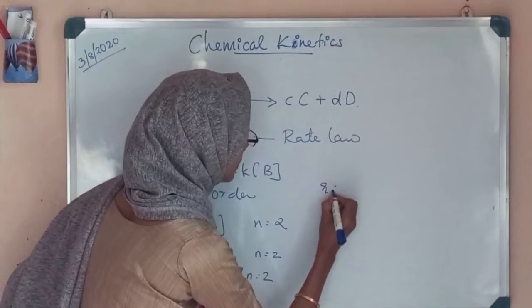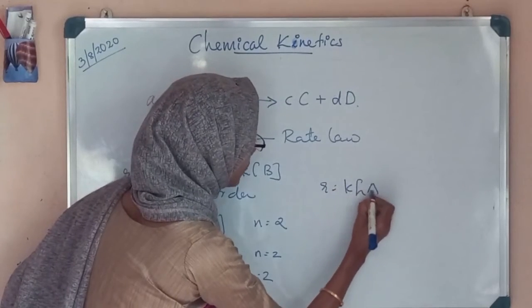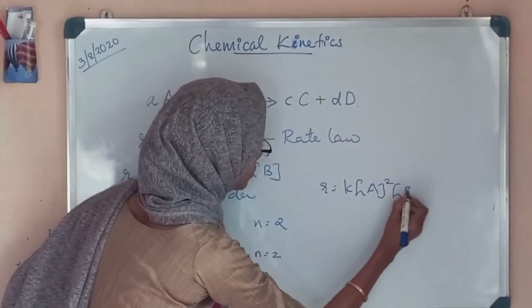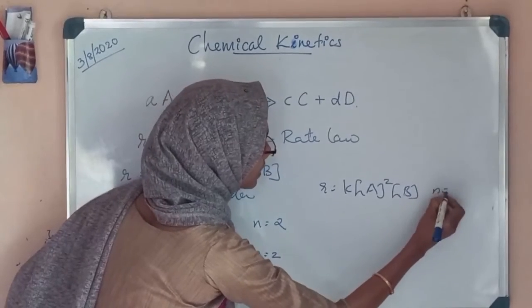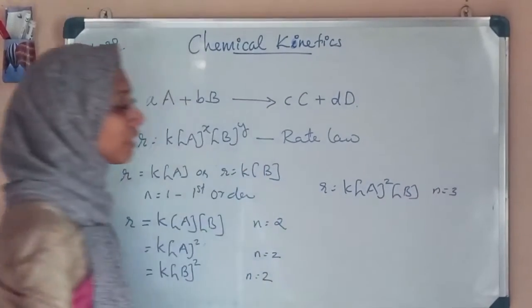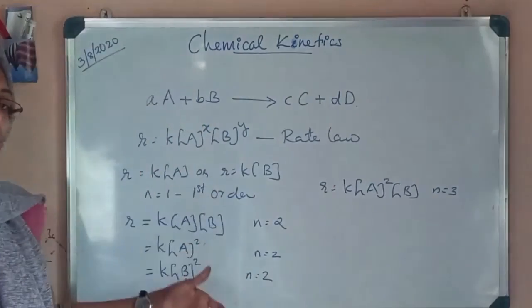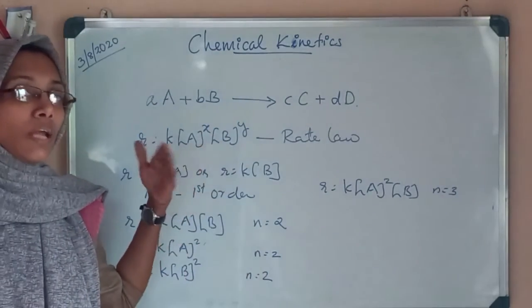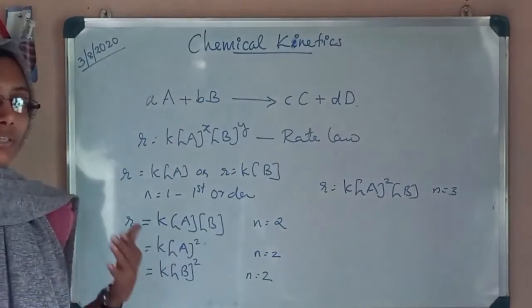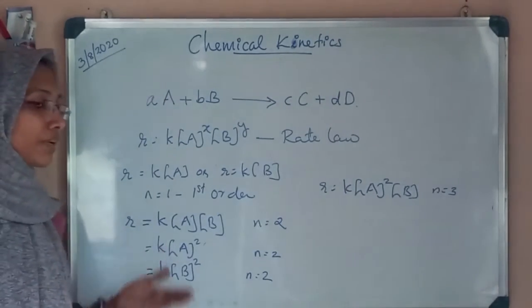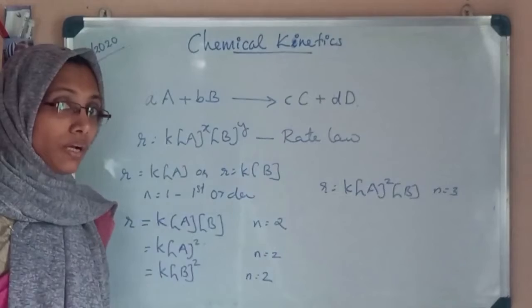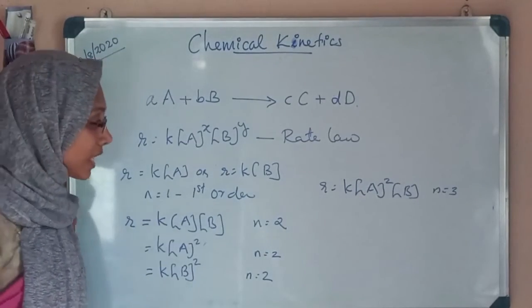If r is equal to k into [A]² and [B], in such cases n is equal to 3, which is known as a third order reaction, and so on. That is, depending on the order of the reaction, reactions are classified as first order, second order, third order, even zero order reactions.